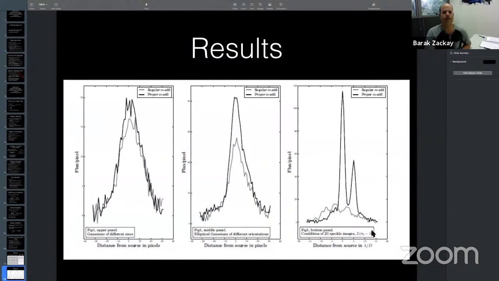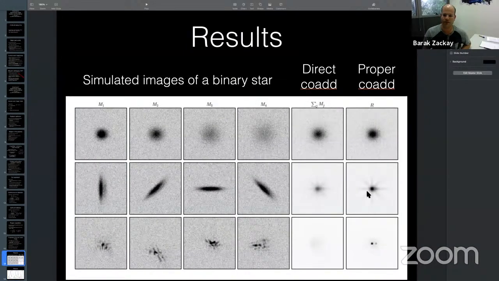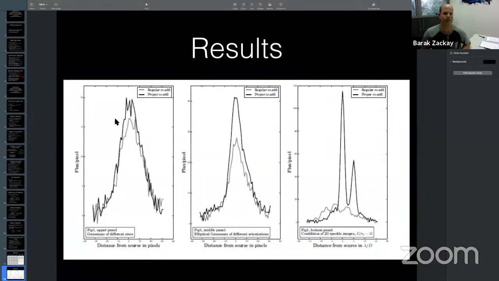Okay, now if you try to make a cut through these images, like a horizontal cut, you would see that even when the point spread functions were Gaussian, the proper coadd is more sensitive. So I aligned the images exactly the same, and I put the standard deviation outside of this region to be exactly the same for both of the images.